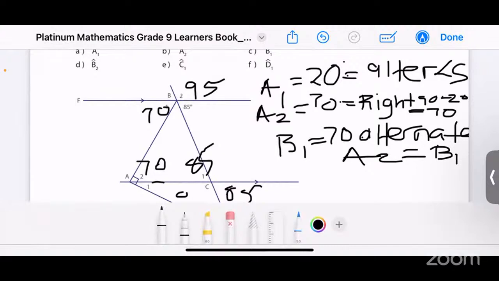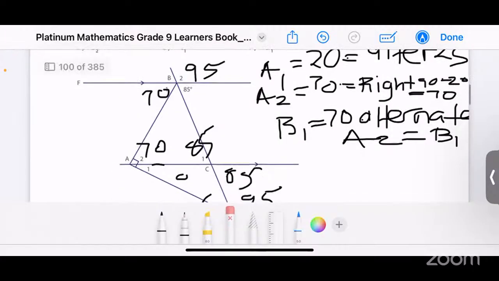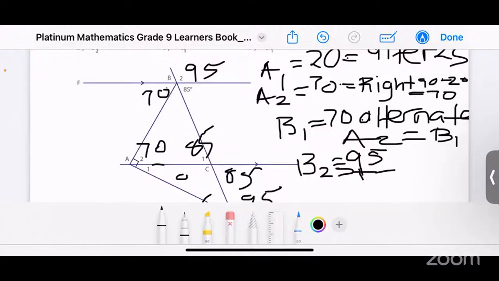And then B2, we got angle B2, which was what? 95. It was a straight angle. So we said 180 minus 85, which gives us what? 95. That was the reason.